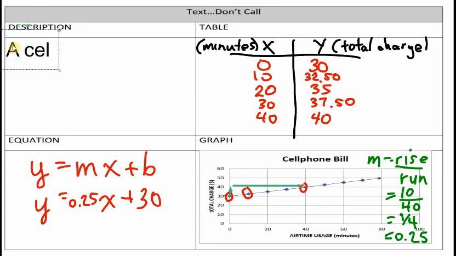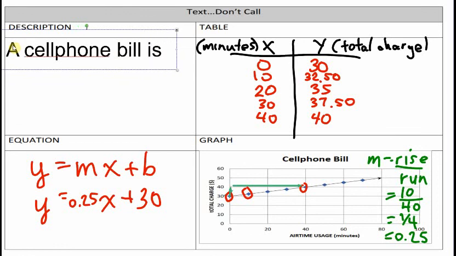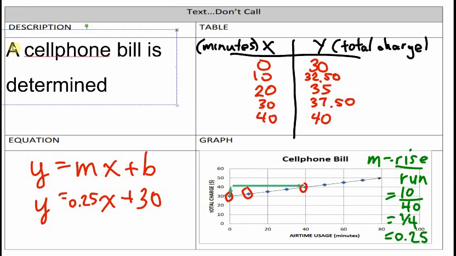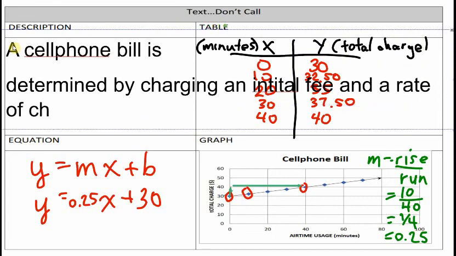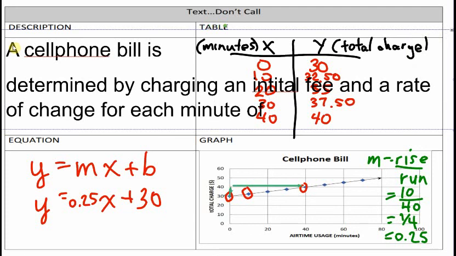A cell phone bill is determined by charging an initial fee and a rate of change for each minute of air time.